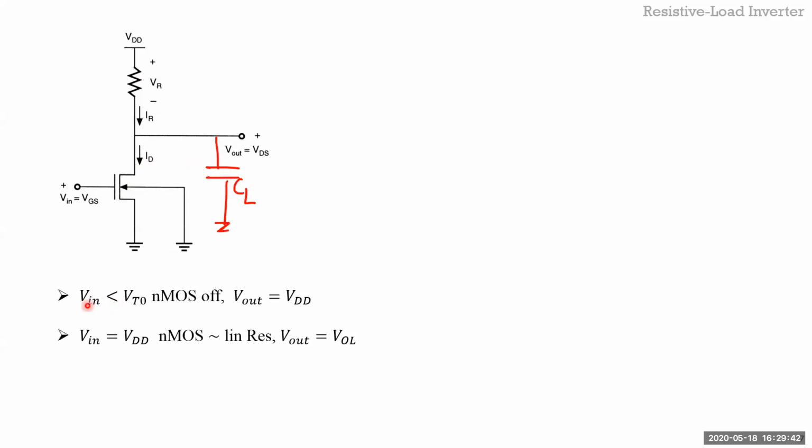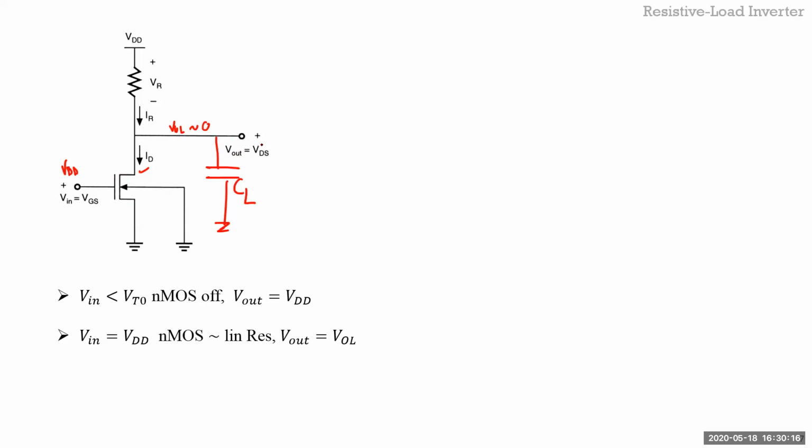I just explained here that V in less than VT0 means NMOS is off, and V out is equal to VDD. If V in is equal to VDD, then the NMOS is in the linear region, because if you have designed it well, you want to make this output voltage really, really low. So this will be in the linear region because this input is VDD and this is VOL, which is very close to 0. That means this is in the linear region, right?